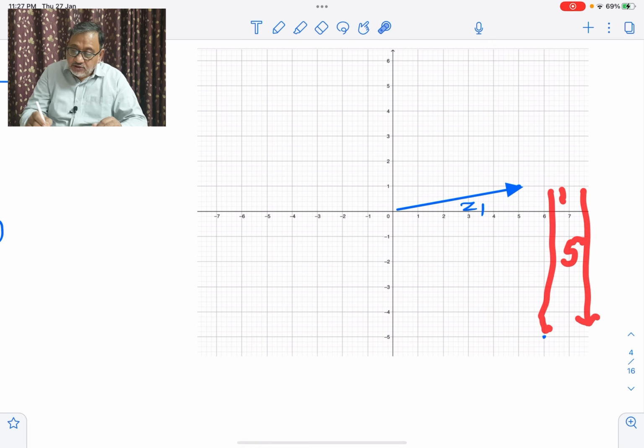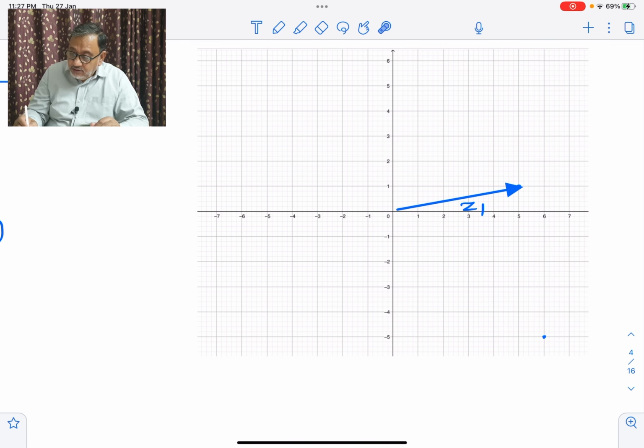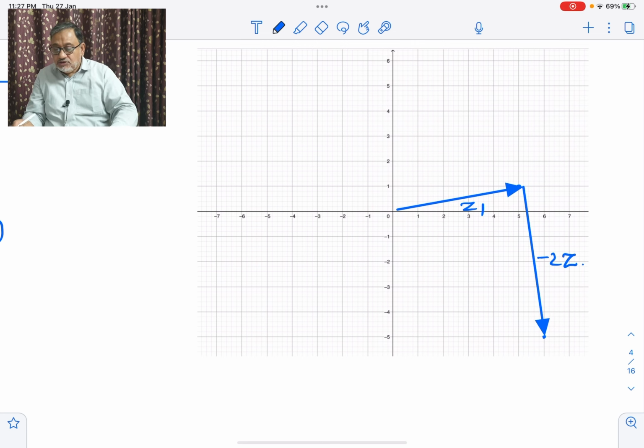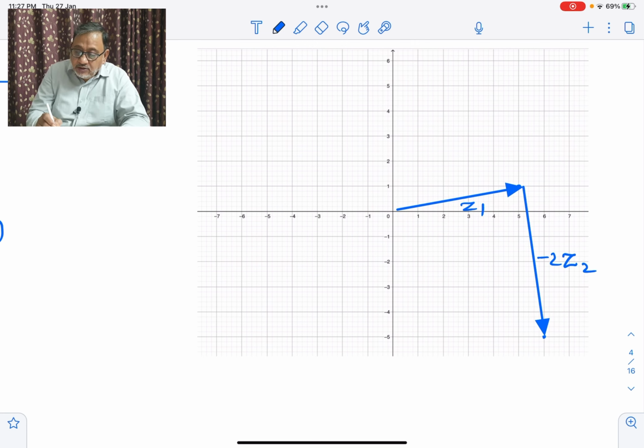So that will be our final destination of z2. It will be something like this. Okay, it is not giving me the arrow. Yeah, this is negative 2z2, because like that it is. So this is the final position, and I'll represent it like this.